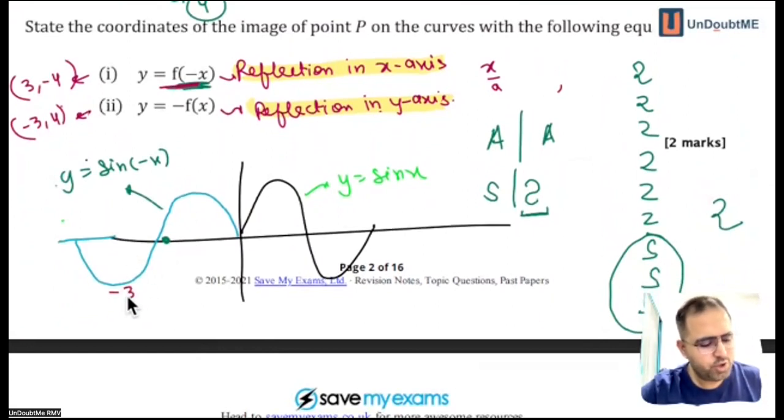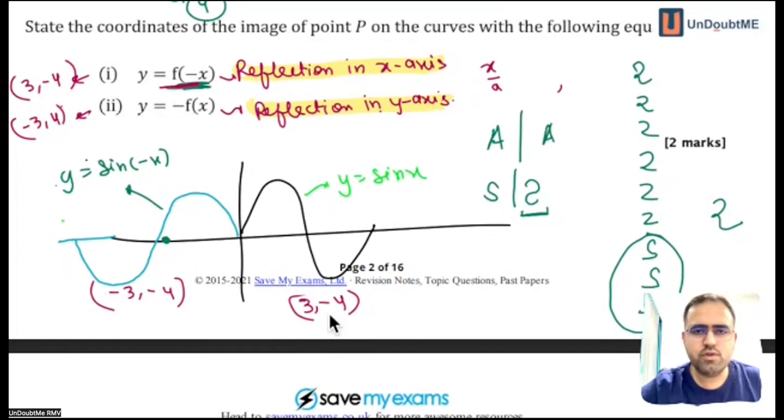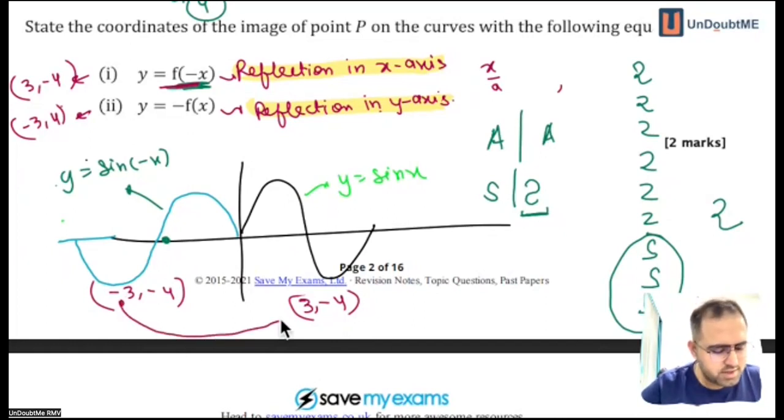Minus 3 comma minus 4 is over here, and 3 comma minus 4 is over here. So on the y-axis, we are at the same level. But you just had a 180-degree horizontal flip.